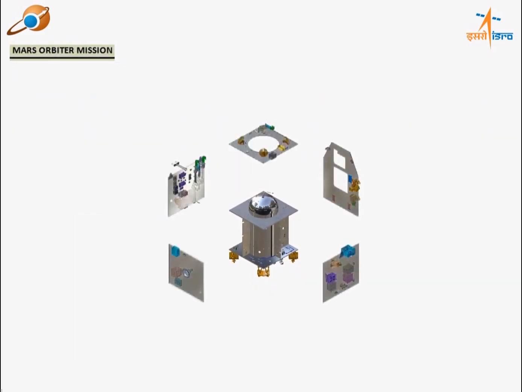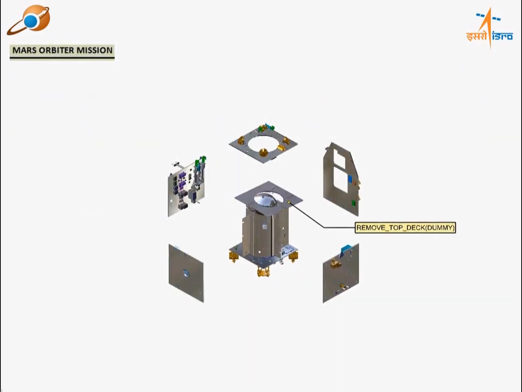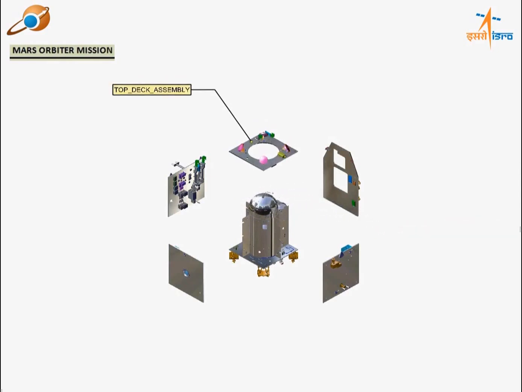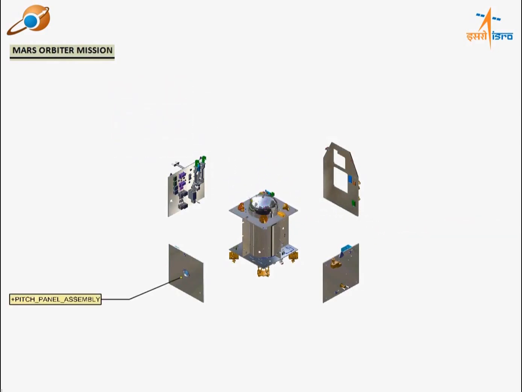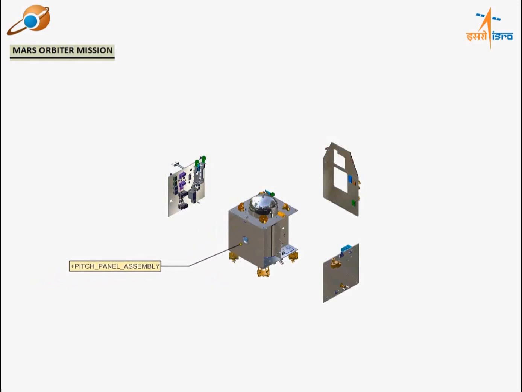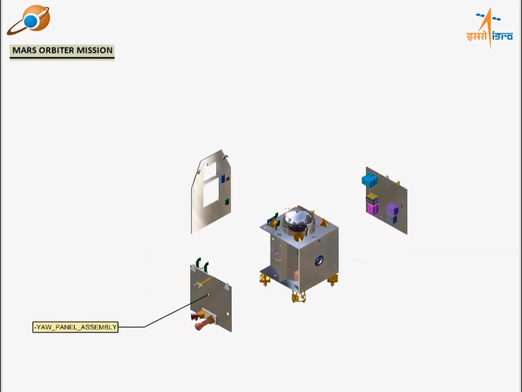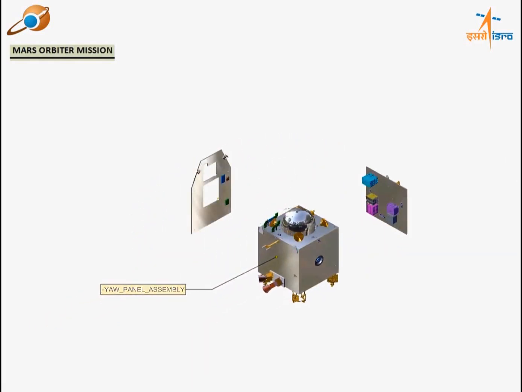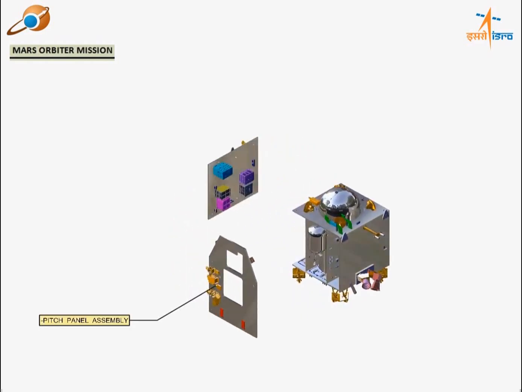After the completion of functional tests of all these packages, the next activity is the closure of panels on the primary structure. The panels are closed sequentially and the dummy top deck is replaced with a flight top deck.